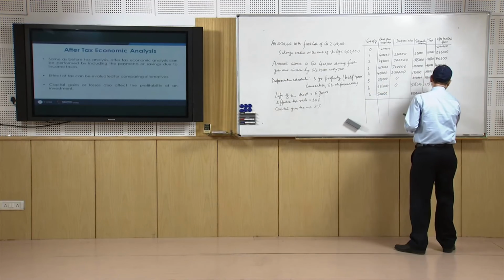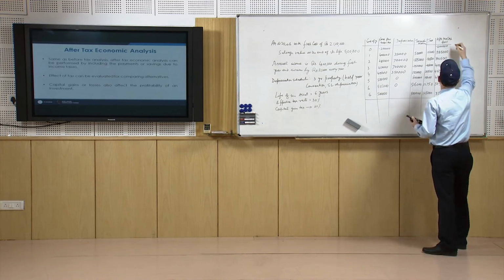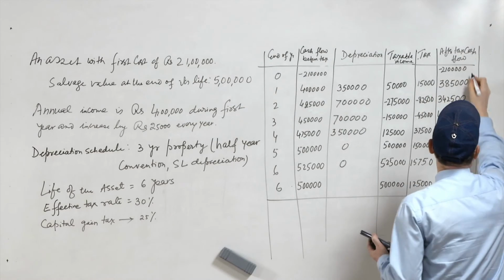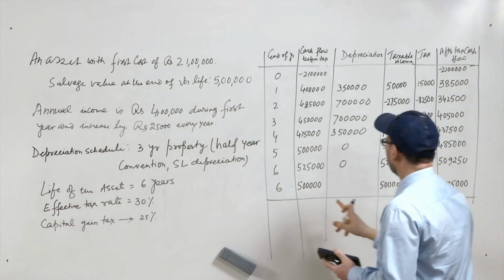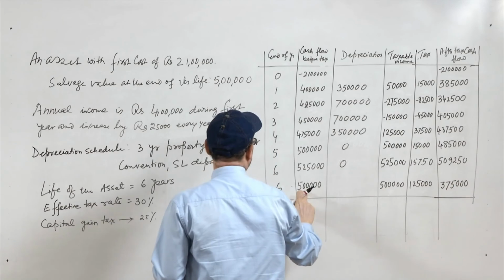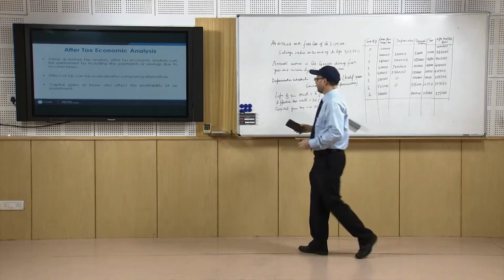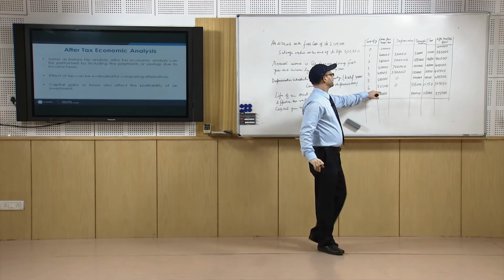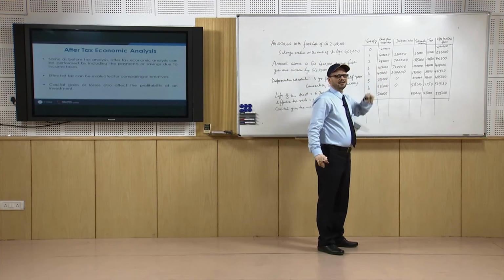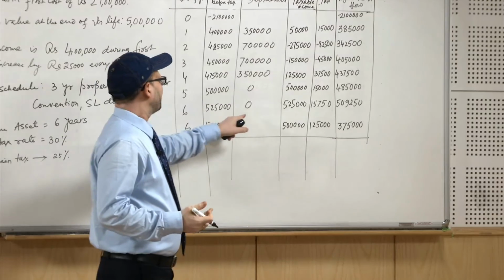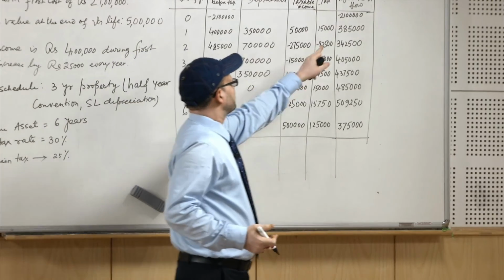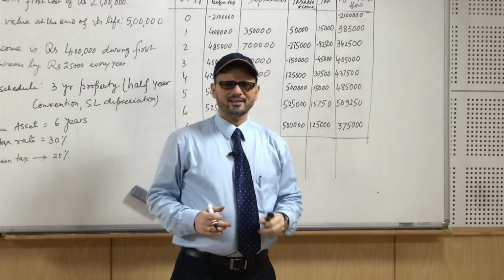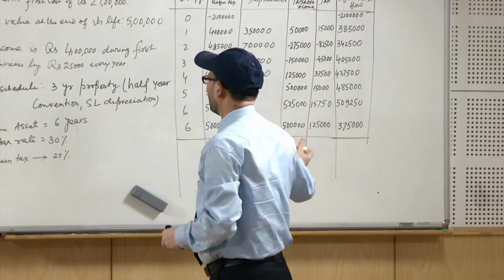So this is how the after tax cash flows will be calculated when you have the capital gain at the end of the period, or if it is disposed at any other time. Accordingly, the after tax flow is to be calculated and analyzed.